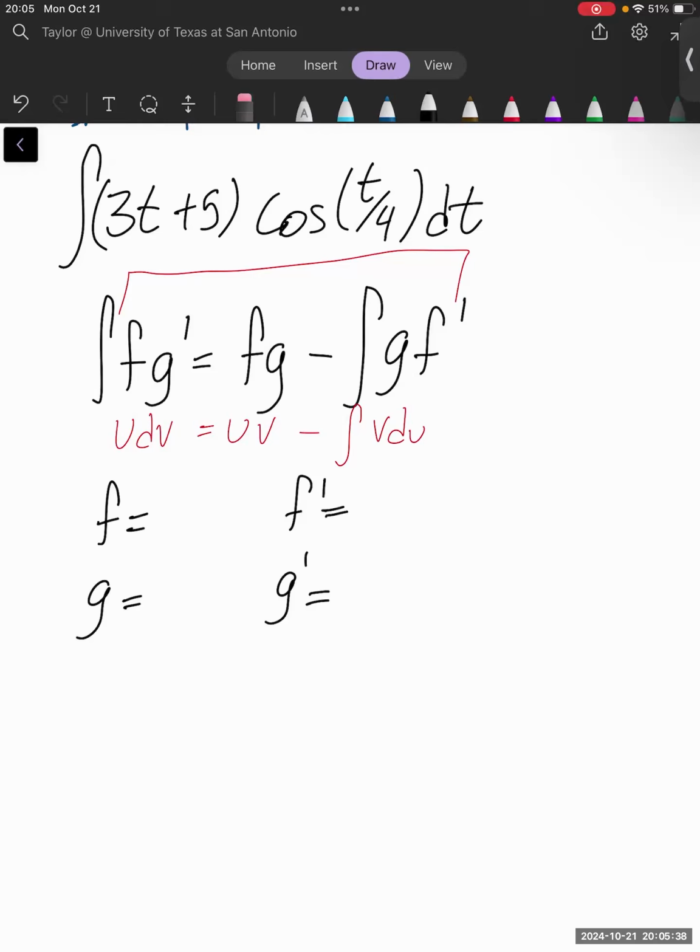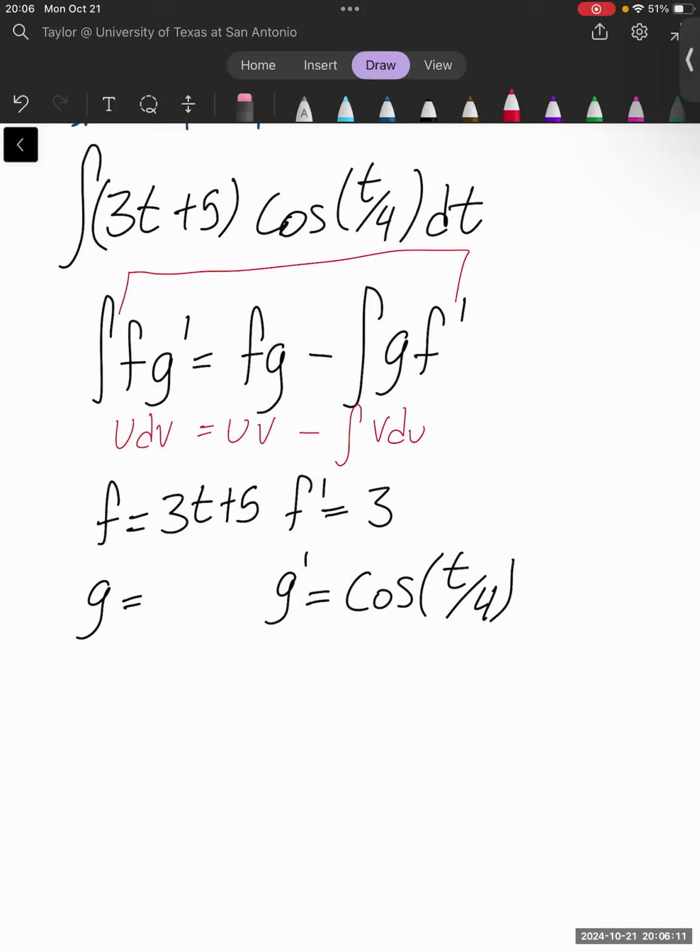So similar to the tabular method, we need to determine which function we're going to take the derivative of and which function we're going to integrate. To start, the function that we're going to differentiate is 3t plus 5, and its derivative is 3. And then we have cosine(t/4).